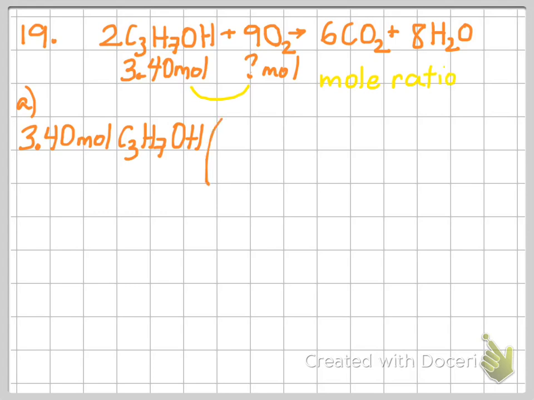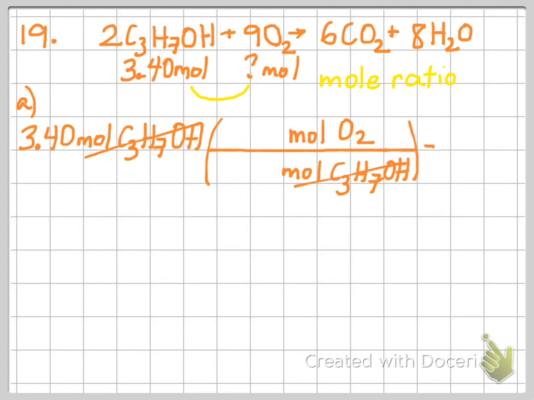Moles of isopropyl alcohol have to go on the bottom so that they will cross out. And I want moles of oxygen on the top because I'm being asked about oxygen. The numbers for my mole ratio come from the coefficients of my balanced equation. My coefficient in front of oxygen is 9, and in front of isopropyl alcohol it's 2.